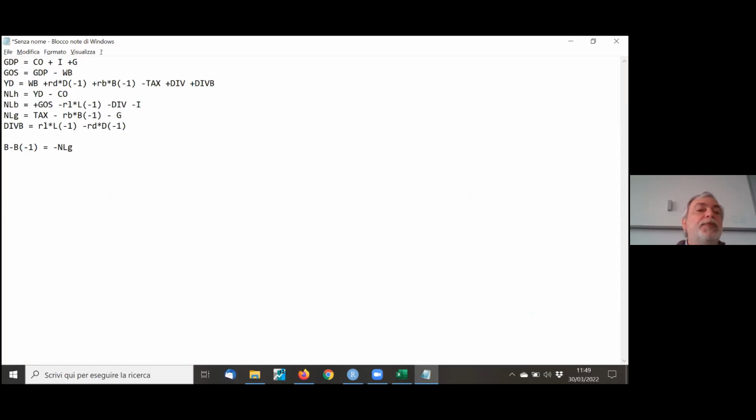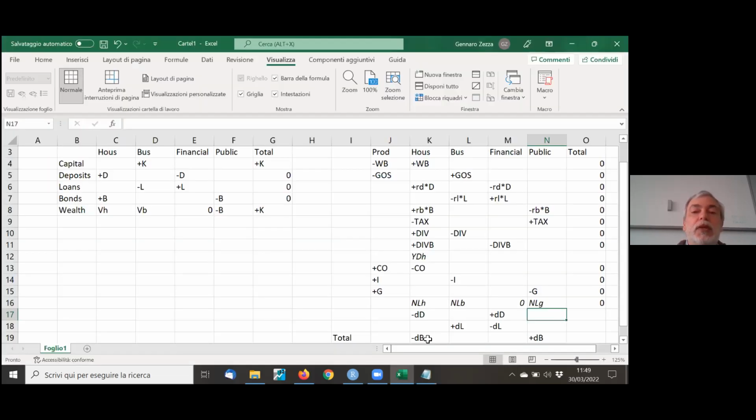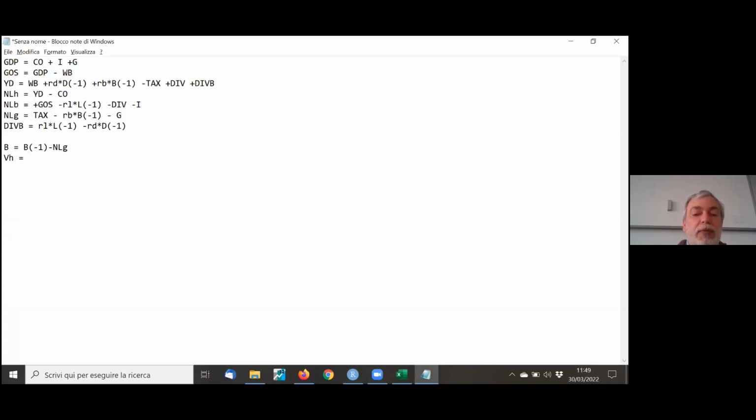So this can be rewritten by bringing the opening stock to the right-hand side. And then we will have that the wealth of households must increase over time with the net lending of households.